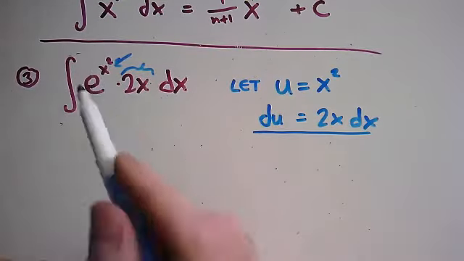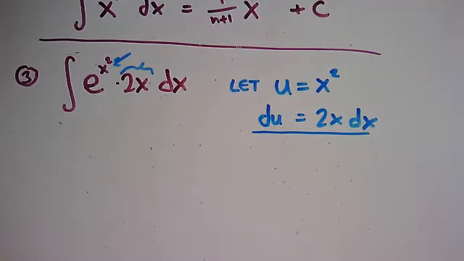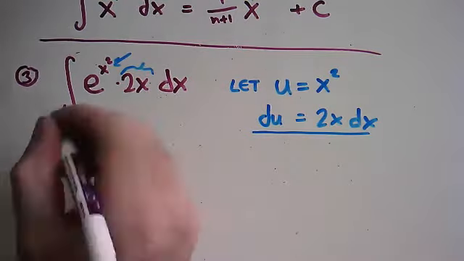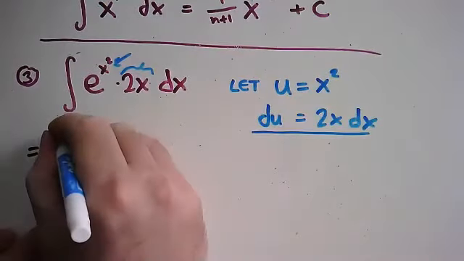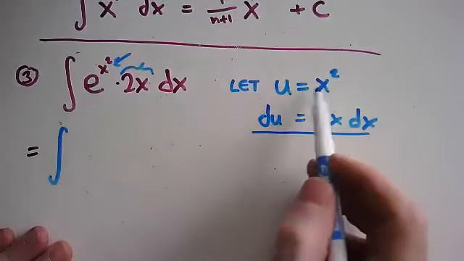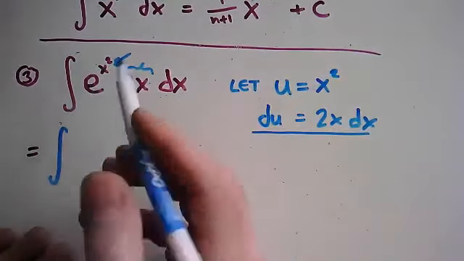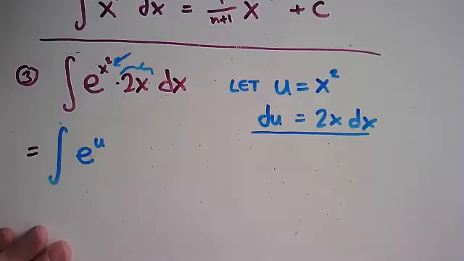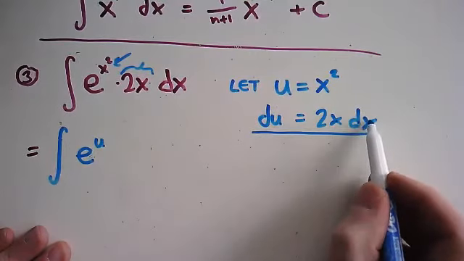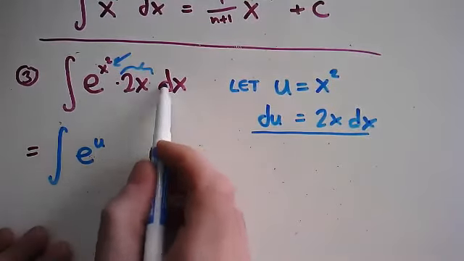Now what we're hoping we can do is rewrite the original problem strictly in terms of u. If I look at my original integral and rewrite it in terms of u, well, u is x squared, so e to the x squared could be rewritten as e to the u. And 2x dx, well, that's right there.